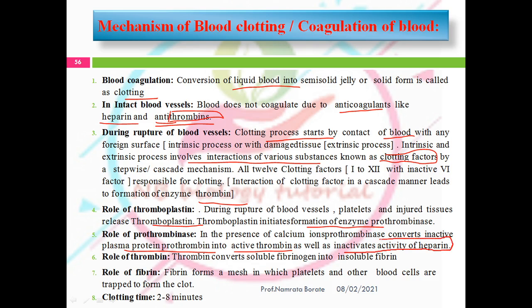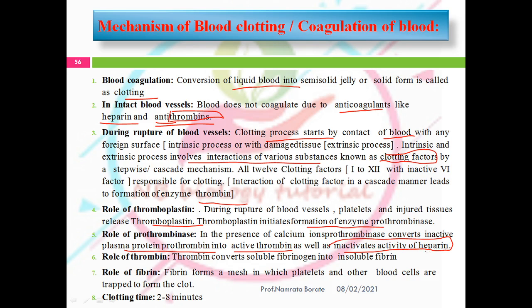the heparin. Heparin means what? It is known as an anticoagulant. It stops the anticoagulant phenomena. Heparin functions to prevent the coagulation of the blood.